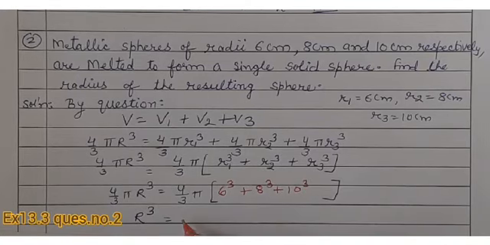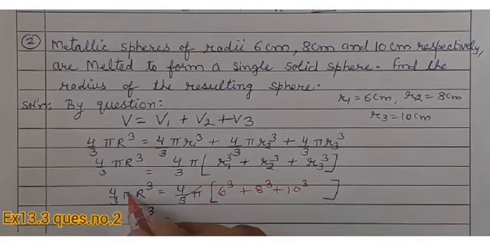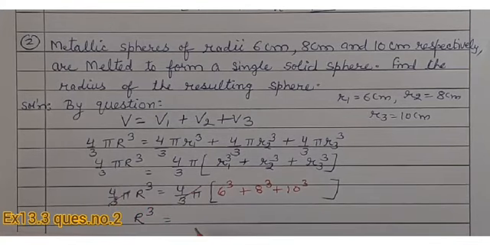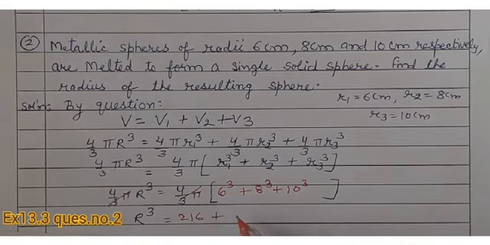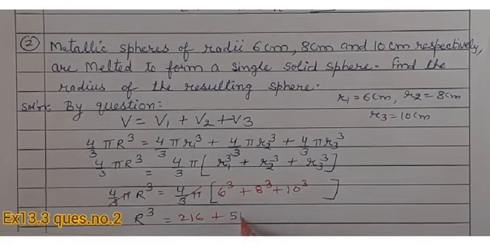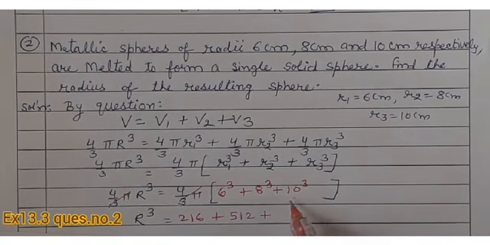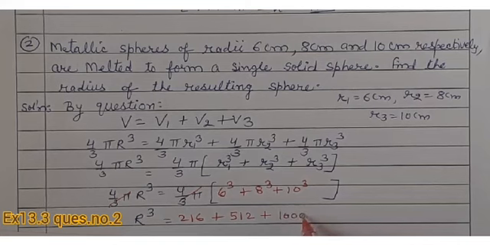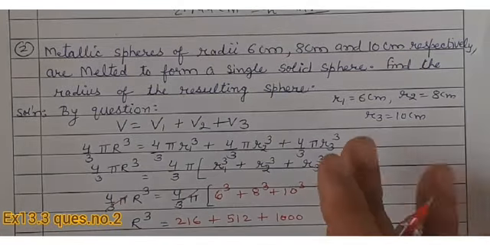And what is 6 cube that we know? Then 4 upon 3 pi cancels with 4 upon 3 pi. 6 cube is 216. Plus what is 8 cube? This is 512. And what is 10 cube? 10 cube is 1000.